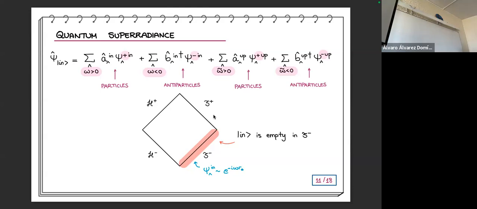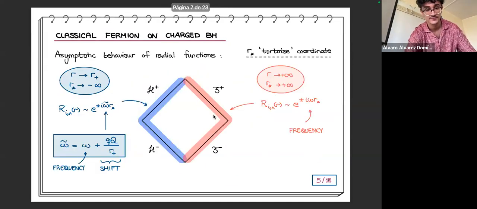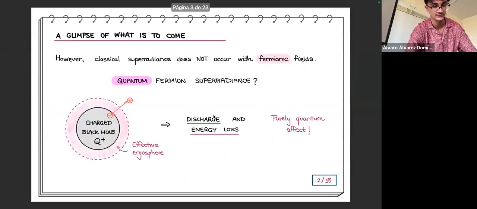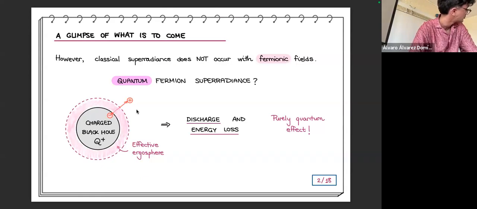If I'm an observer asymptotically far away from the horizon, what I feel is the in quantum vacuum. That's in the past. Now, if I'm the same observer but looking back after, what I see is an excitation of my quantum vacuum due to a flux going outwards from the event horizon. This is the same flux that I showed you before here. In H minus, we are going to have particles created that are going outwards. So yes, we have a flux.